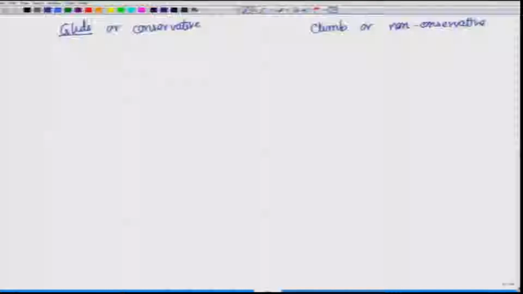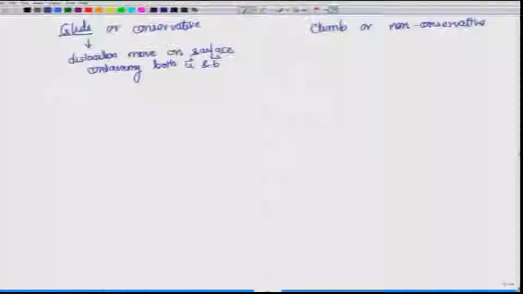So, in this particular one the dislocations move on surface containing both line vector and Burgers vector.